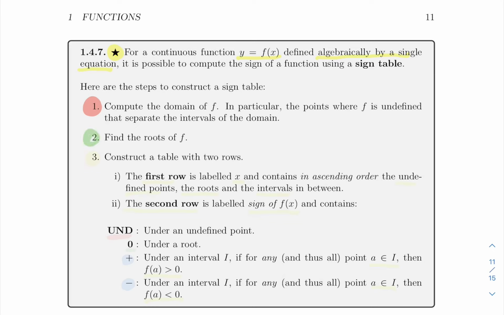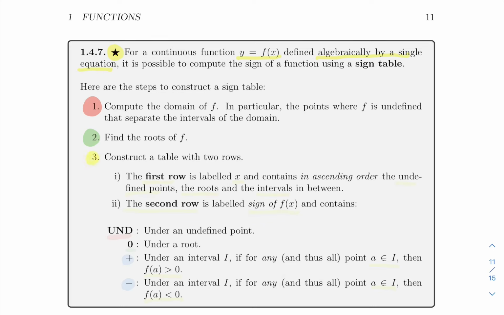The next thing you're going to do is find the roots of the function. So you want to know the sign of the function, which will include, of course, when the function is 0. And then you're ready. The points that split the domain and the points that give you zeros will be important columns. These will be the first thing you put in your sign table. And then you're going to check what happens in between those undefined points and those roots.